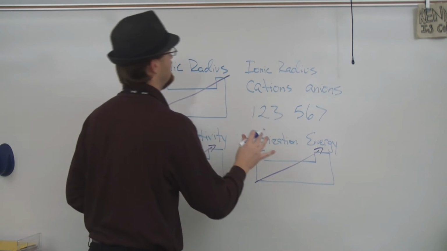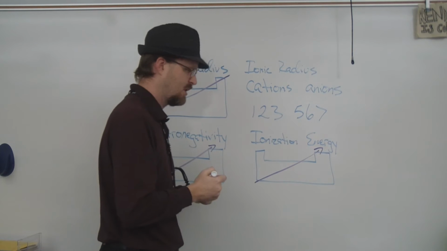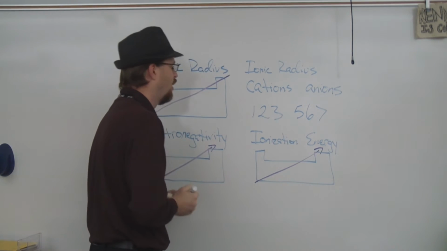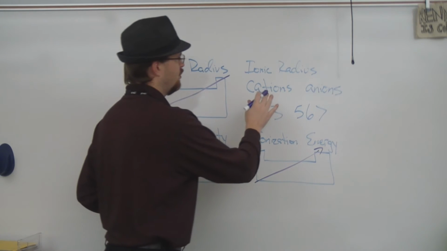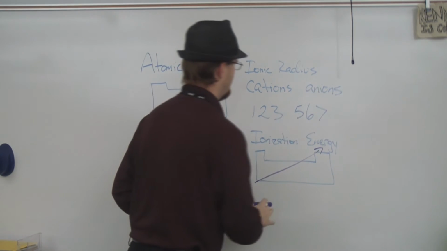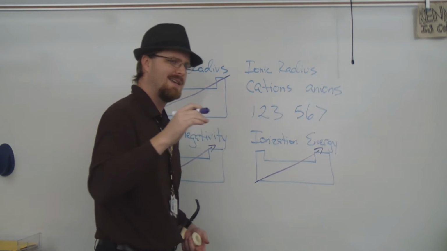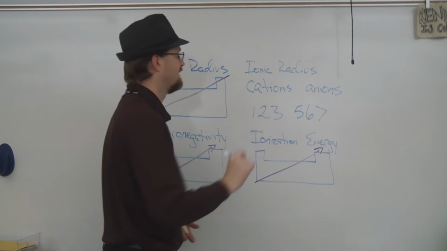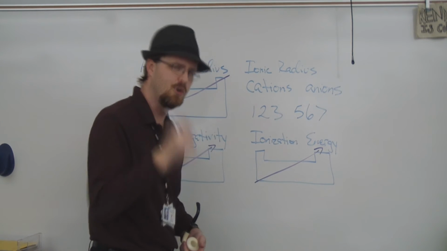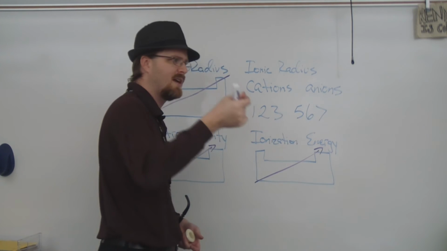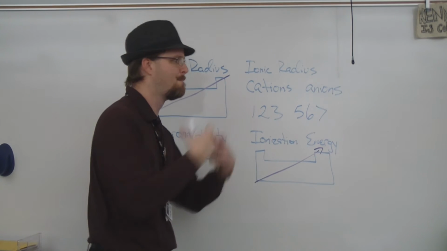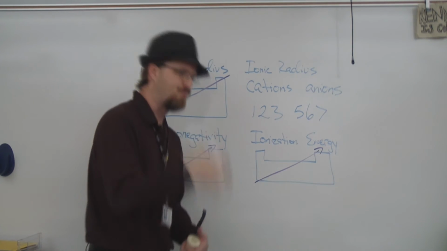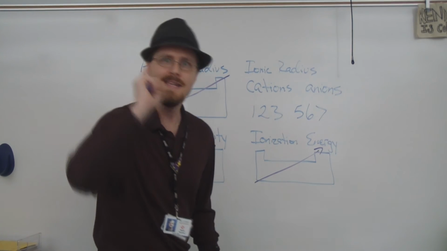Alright, last but not least, ionic radius, which is the size of an ion, if I recall. Yes, alright, so cations versus anions. Well, cations are positive ions. Yes, they are not negative, they are positive ions, meaning they lose electrons, and when they lose electrons, there are now more protons than there are electrons, meaning that the proton pull must increase.